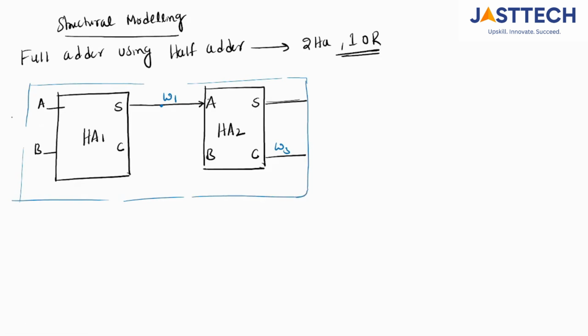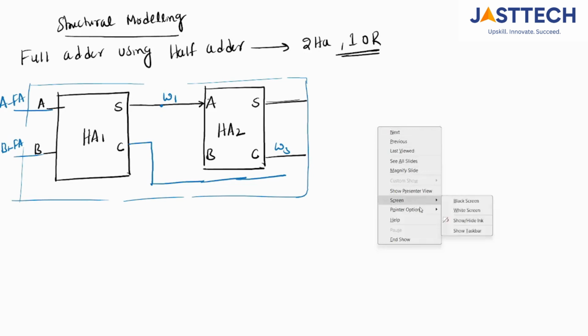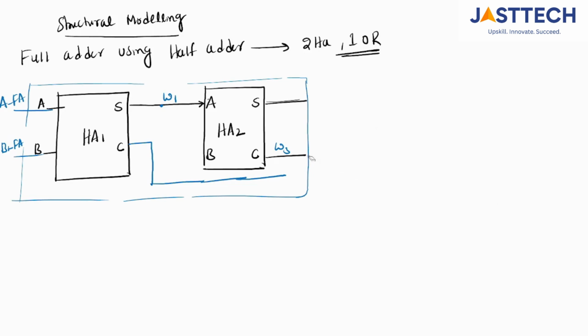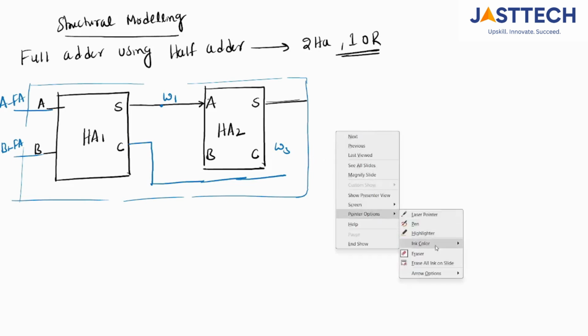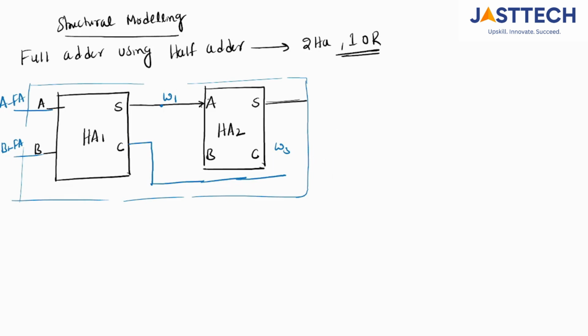This input is nothing but A underscore FA and B underscore FA, and C is given as one more input, and this is given to one OR gate circuit.